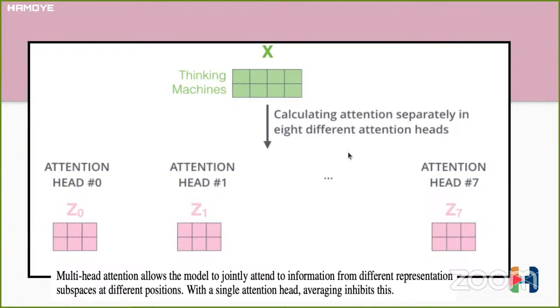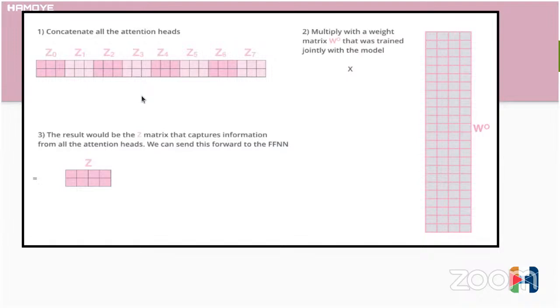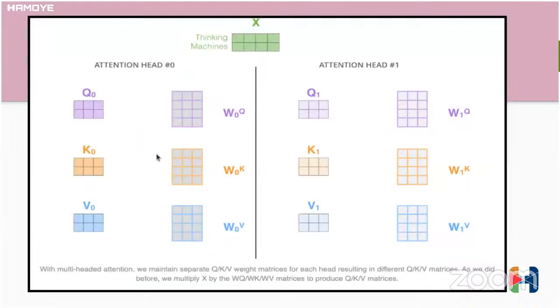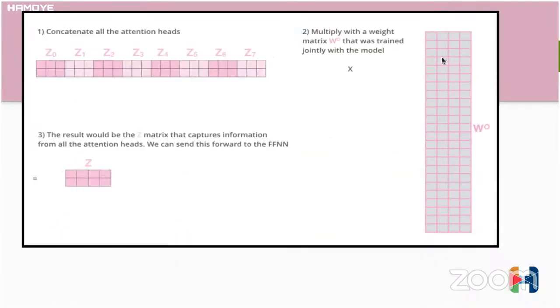Do you see that all of these Z0, Z1, Z2 are concatenated together to form one whole matrix W0? That's the matrix used to do most of the matrix multiplications that we see.